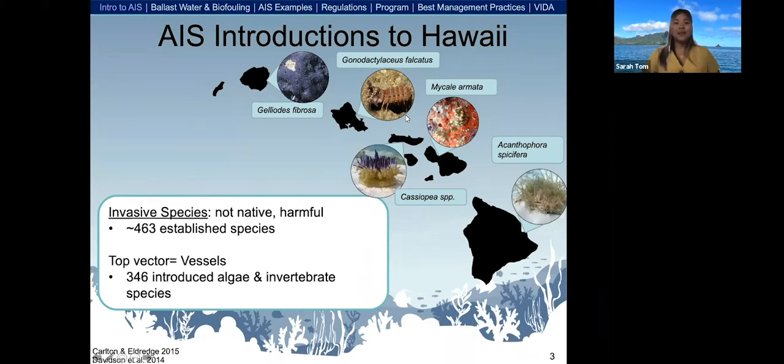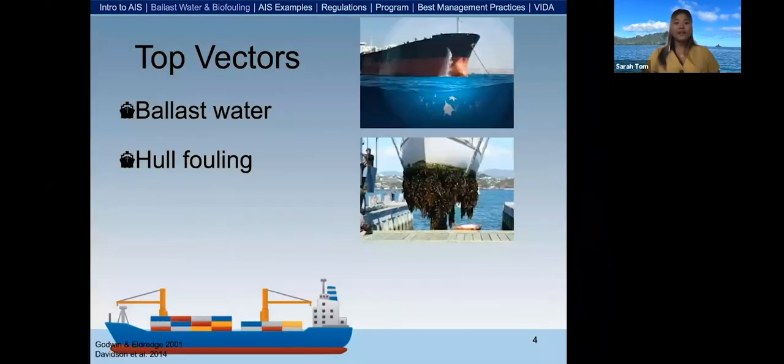It was found that 463 introduced and cryptogenic marine and estuarine species were established in Hawaiian waters, according to Coutts and Eldredge 2015. However, this number has been undoubtedly underestimated. It was also found that 346 introduced and cryptogenic algae and invertebrate species were introduced through vessels, this being through ballast water and hull fouling, or biofouling.